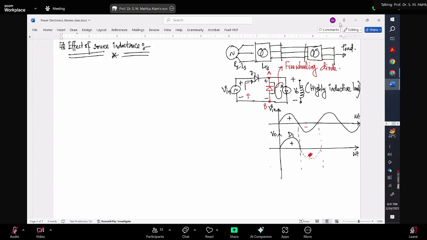So now if I draw the output voltage waveform, what will be my output voltage during the time when the freewheeling diode is operating? From here to here, which diode is operating? Suppose this is DF, meaning the freewheeling diode is operating, and at that instant the output will be 0, right?